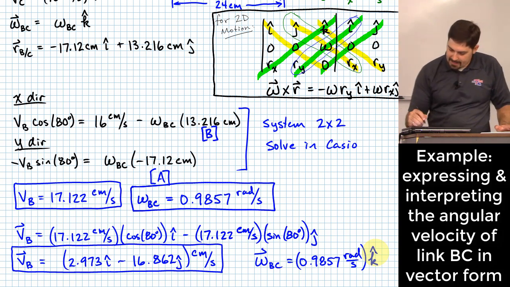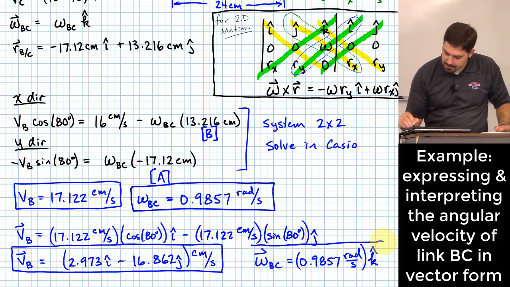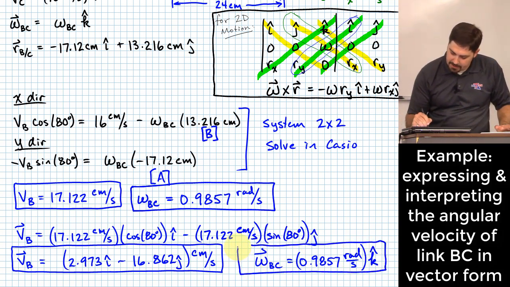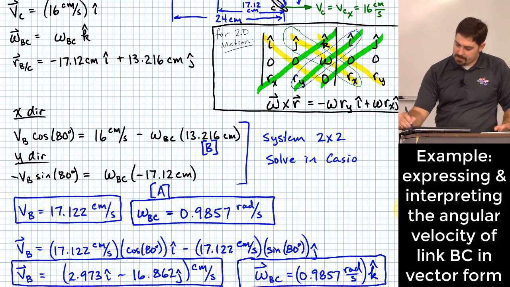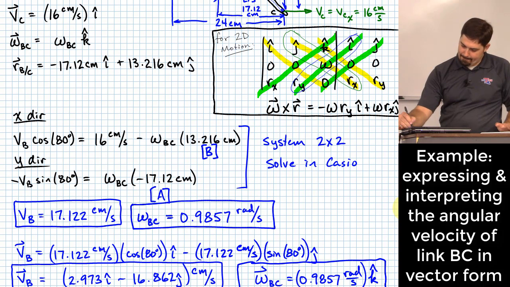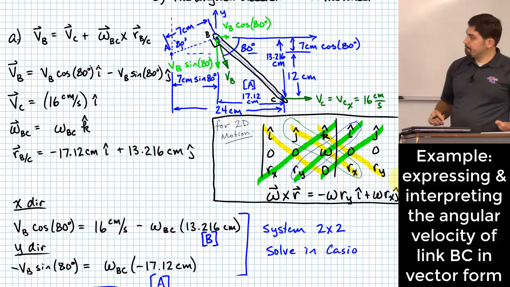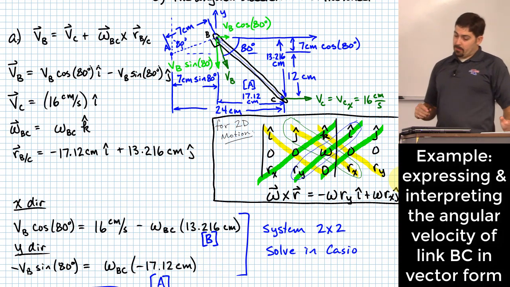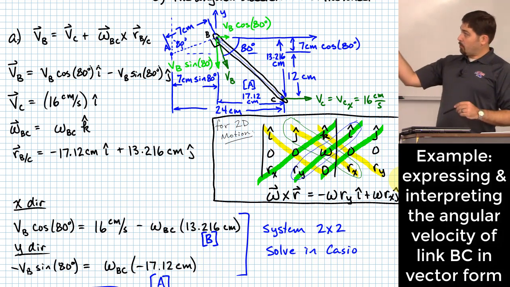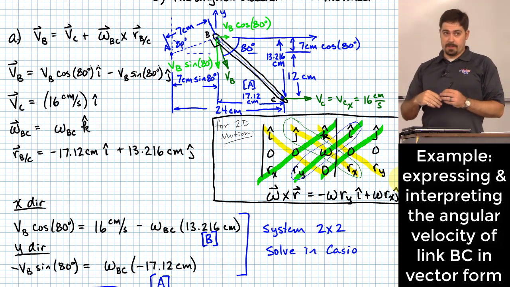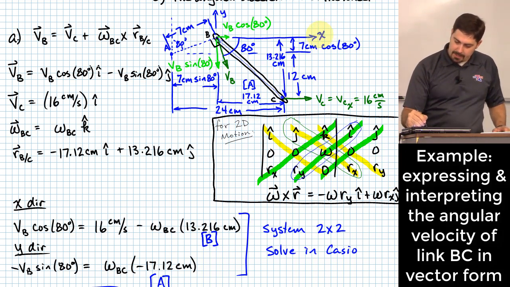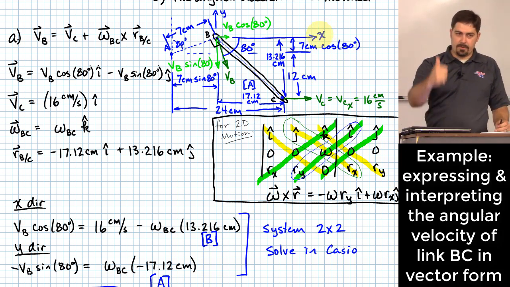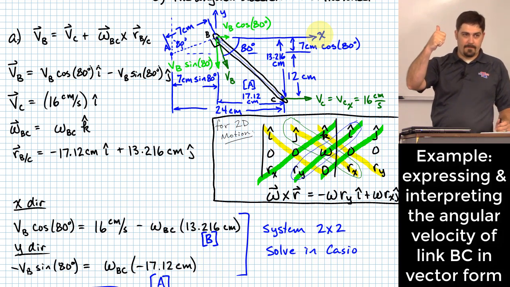And physically, what does that represent as far as the direction that the link BC is tending to rotate? Counterclockwise or clockwise? Okay. So what that represents is, if this is a right-handed coordinate system, which you can presume that it is, you wrap your fingers from X to Y, and your thumb points in the Z, right?